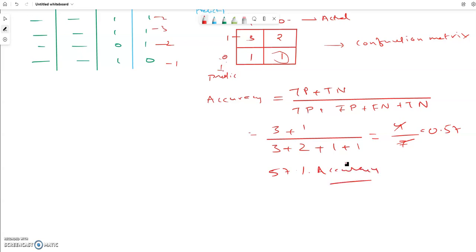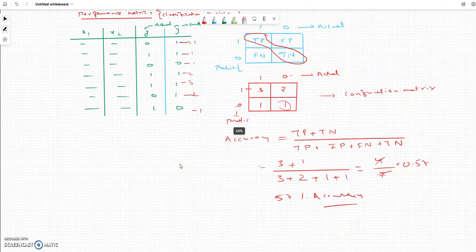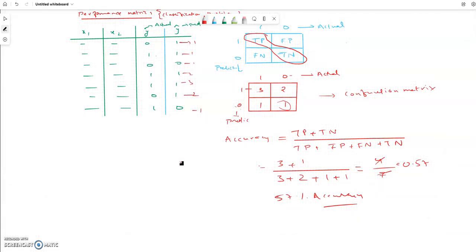Now let's look at it in a different direction. Suppose we have got an output that has 900 zeros, and out of a total of 1000, we have 900 zeros and 100 ones here. In this case, we have imbalanced data.